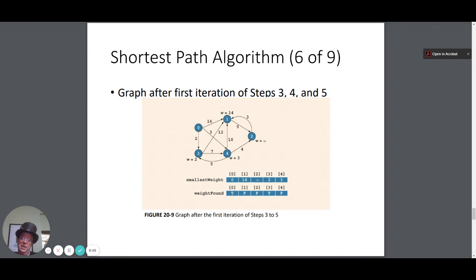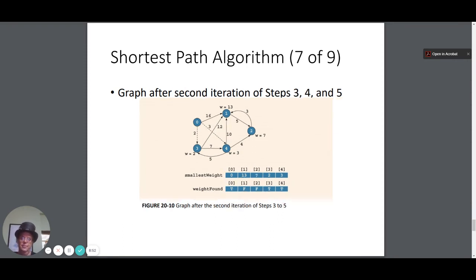So we're going to add in 4 into our set of distinguished vertices. Now we update the weights. We can actually get to 1 for 13, and lo and behold, we can now actually get to 2 for a cost of 7. So of the ones that are left, we would add in 2.